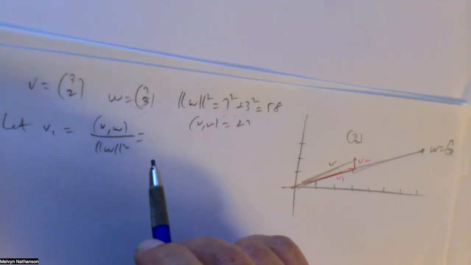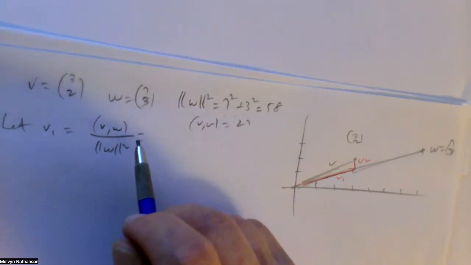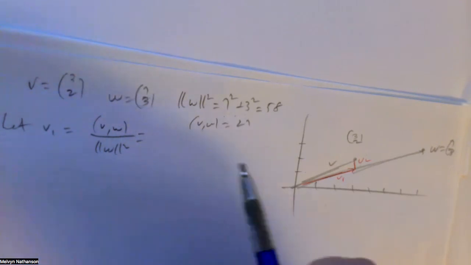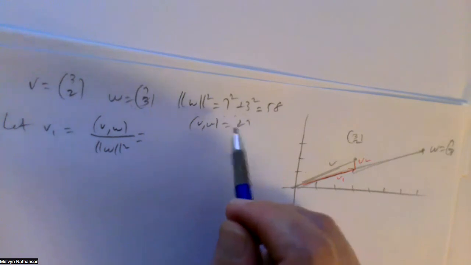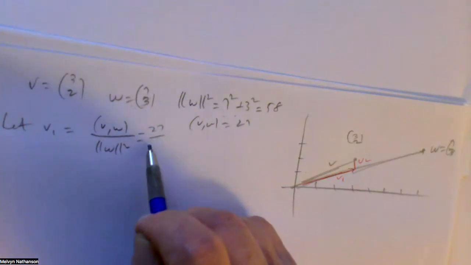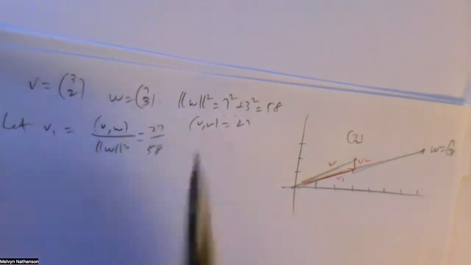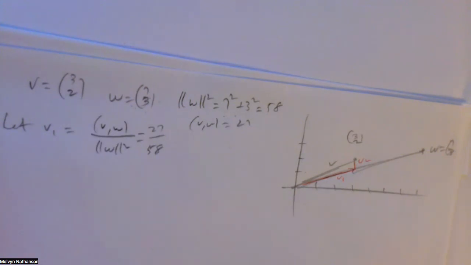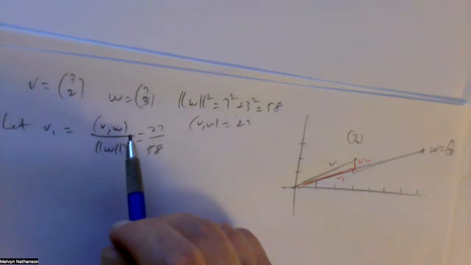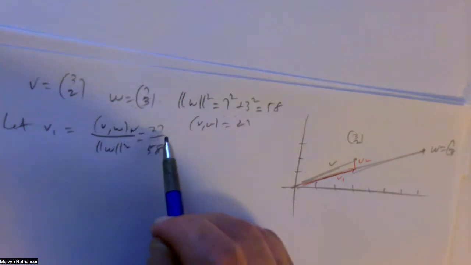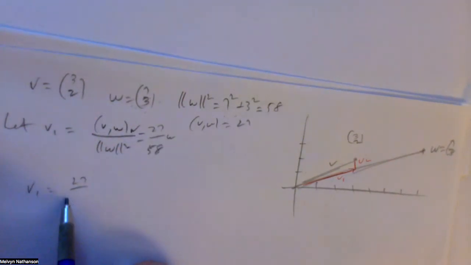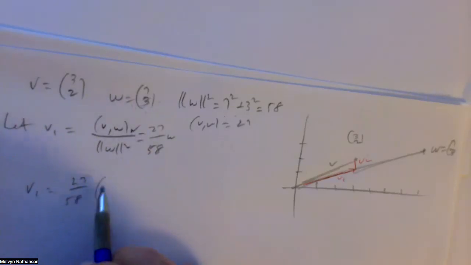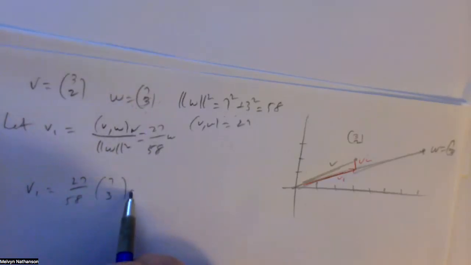So v1 is 27 over 58 times the vector w, 7, 3.